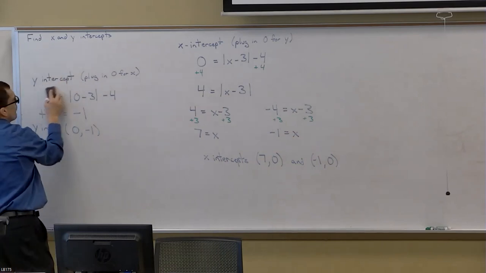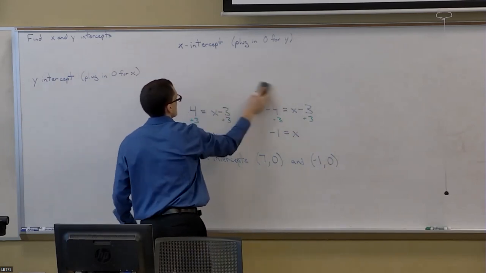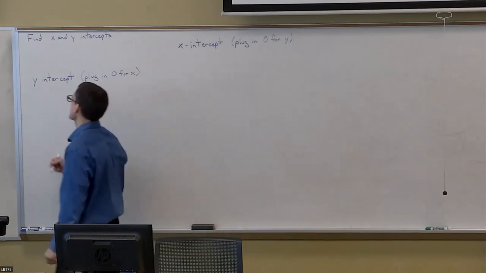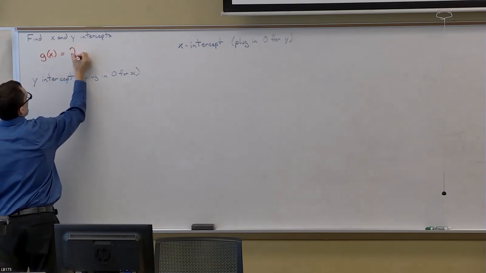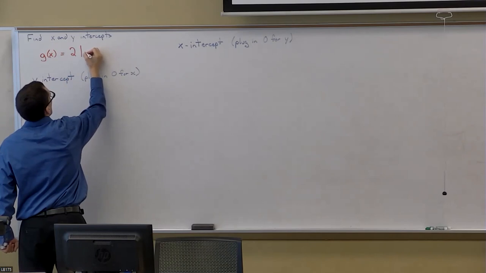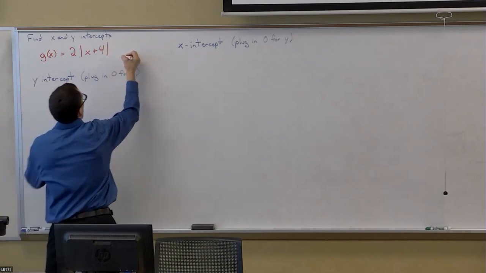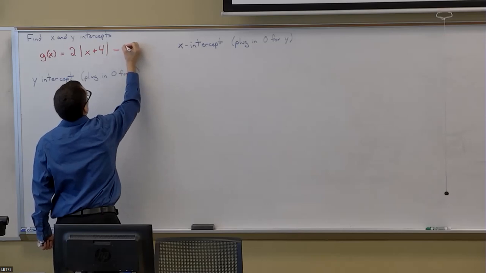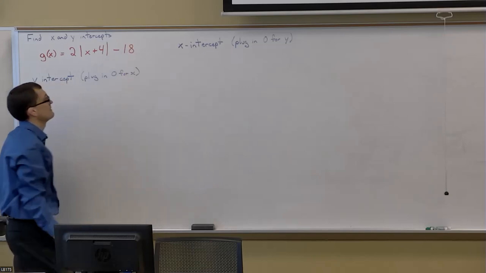I want you to do one more where we find the x and y intercepts. Let's take another function, let's call it g of x is equal to 2 times the absolute value of the quantity x plus 4, minus 18.